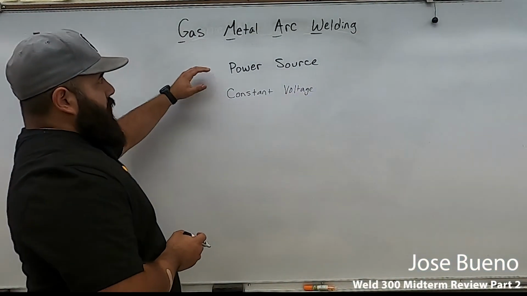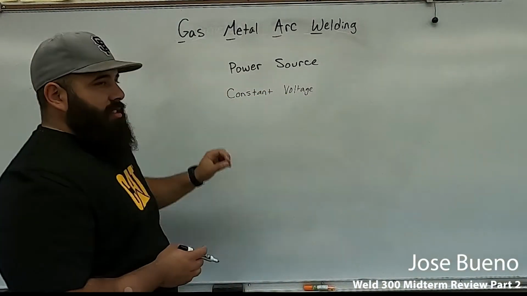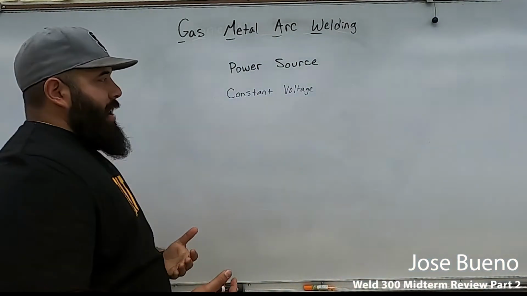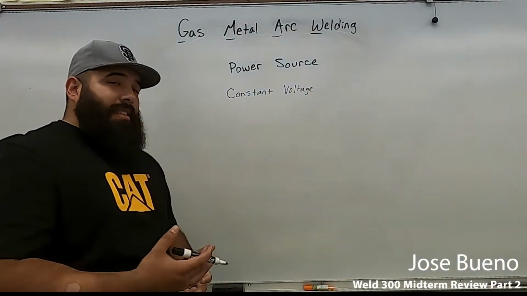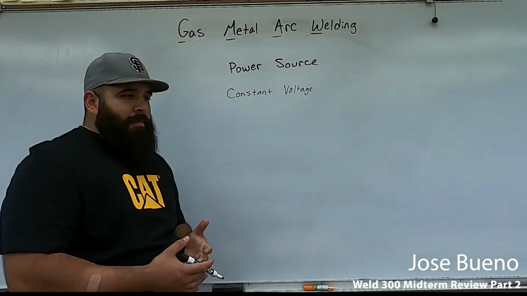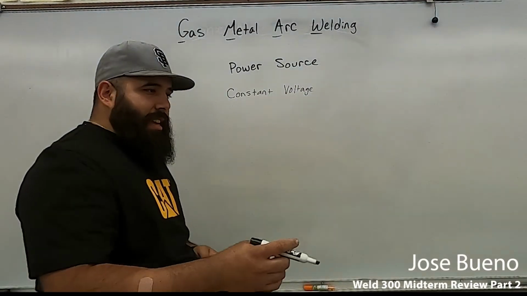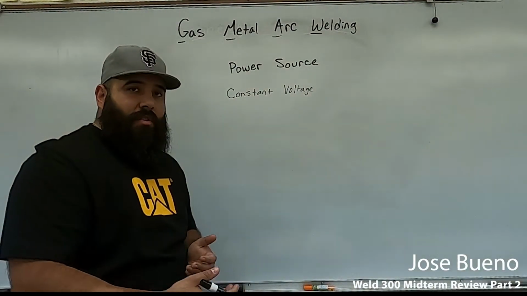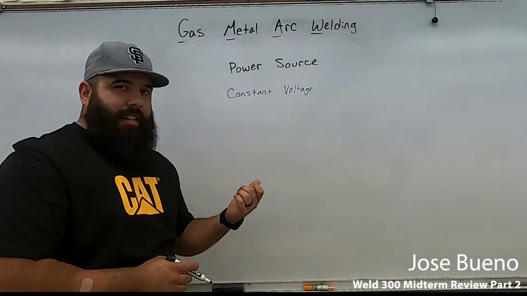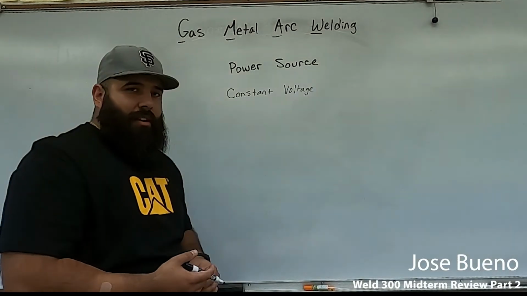Now, when we switch over to GMAW, we actually need a constant flow of voltage, and the reason for that is it's a semi-automatic process. So that means that something else aids us in the feeding of electrode into the weld. Literally we're pulling that trigger and it's feeding the electrode wire into the weld.